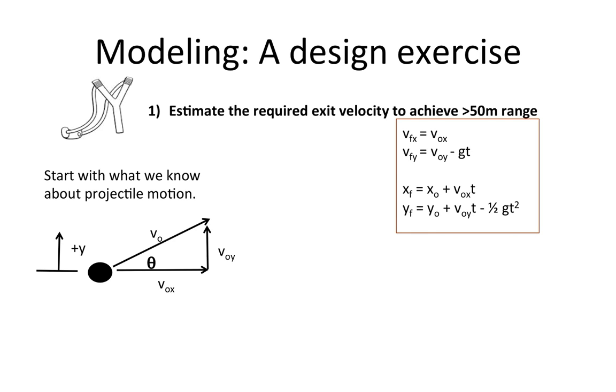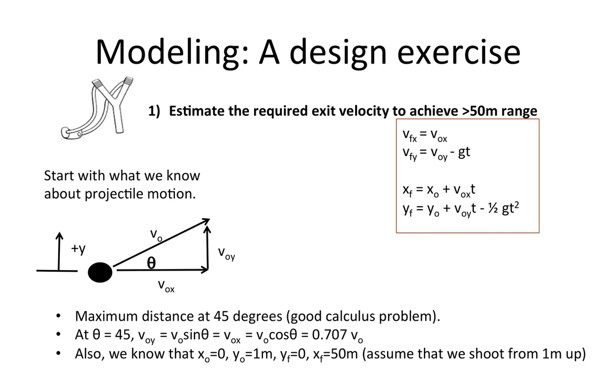Why 45 degrees? Well, in the absence of air damping and air drag, 45 degrees happens to be the angle at which the steel ball will travel the furthest. Finding out that that maximum distance occurs at 45 degrees is a good calculus problem, but it's not one we're going to solve today.